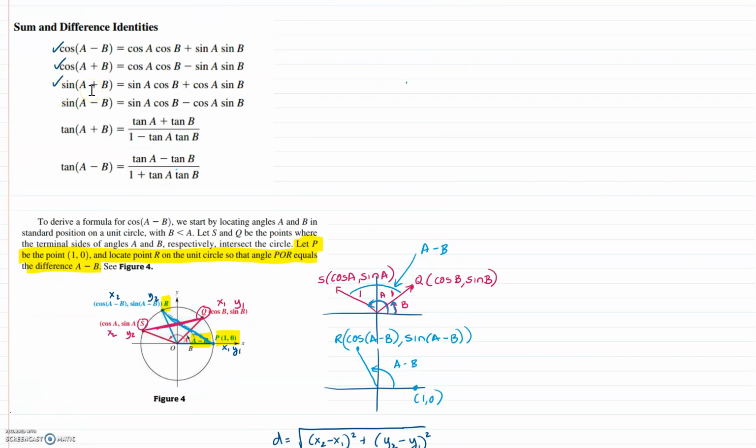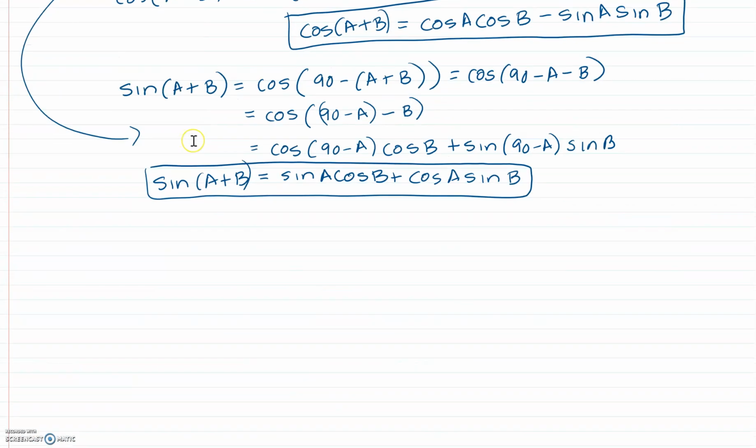To get the next one, sine of A minus B, I'm going to use the same trick we did finding cosine of A plus B. So I'm going to take sine of A minus B, and I'm going to rewrite this as sine of A plus negative B. Okay, so I did that, we know the formula. We can use the formula above.